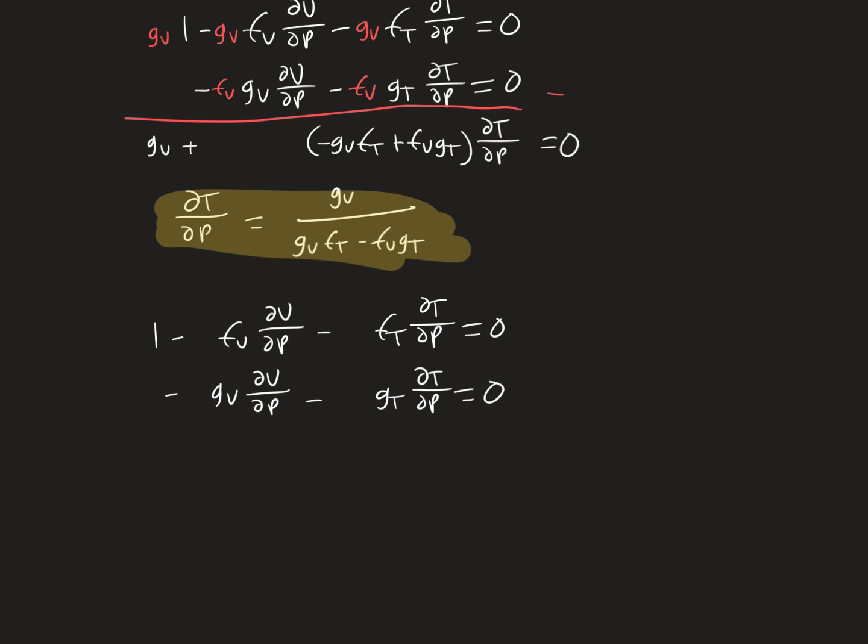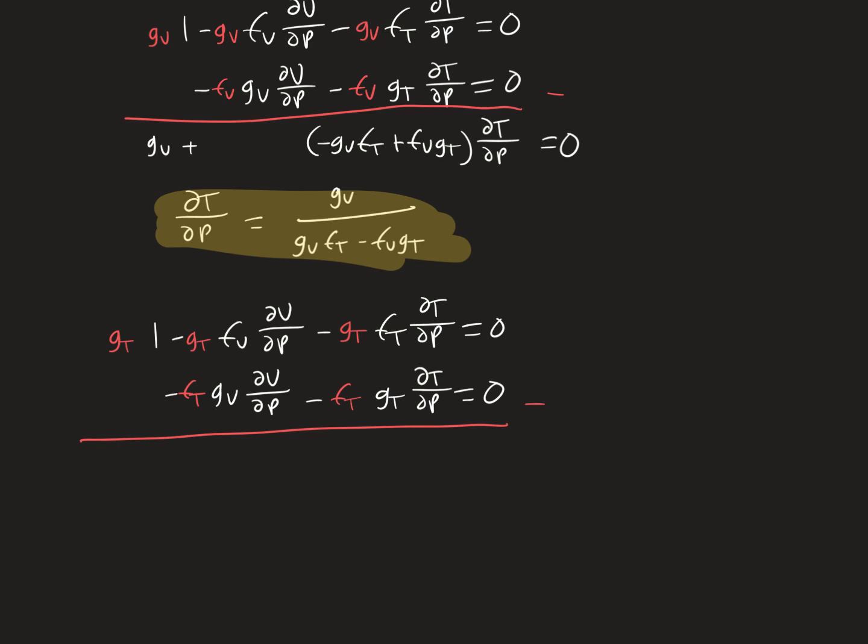And if we multiply the first equation with g_t everywhere and the second equation with f_t everywhere, then we see that these two terms will cancel out. So let's multiply the first equation with g_t everywhere and the second equation with f_t everywhere.